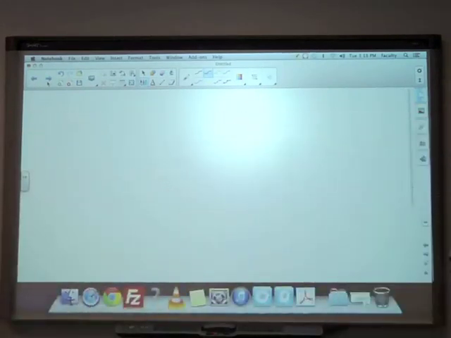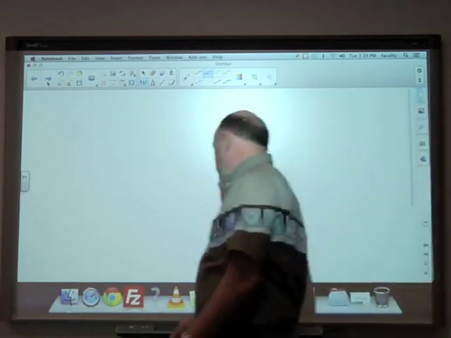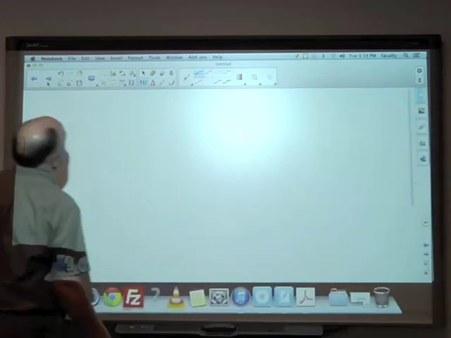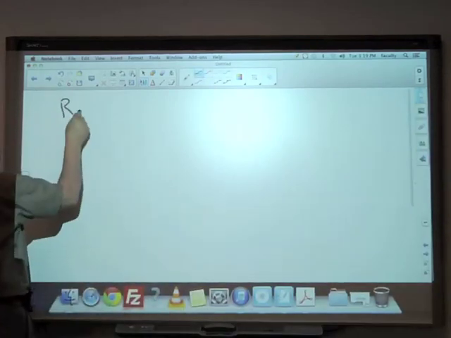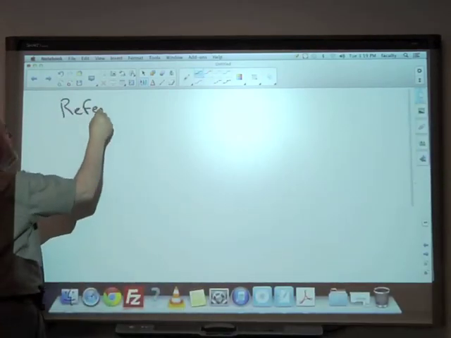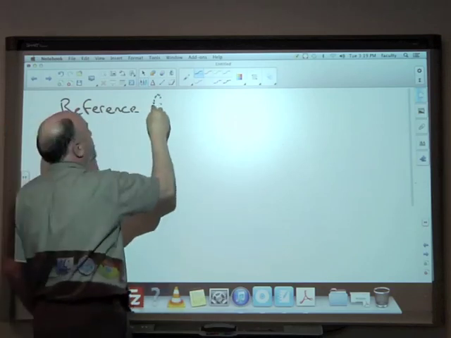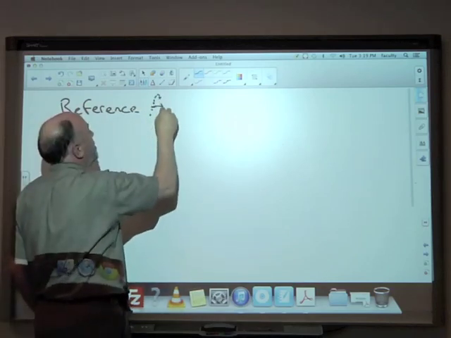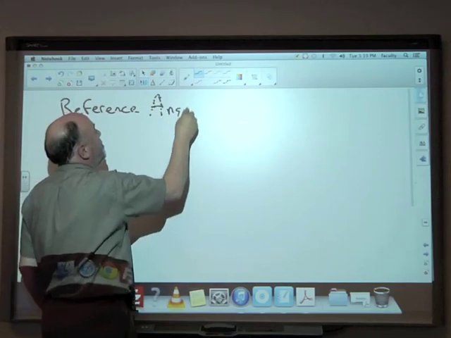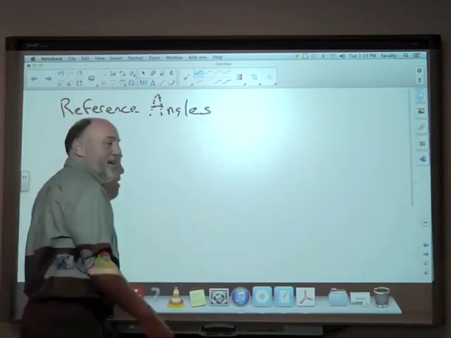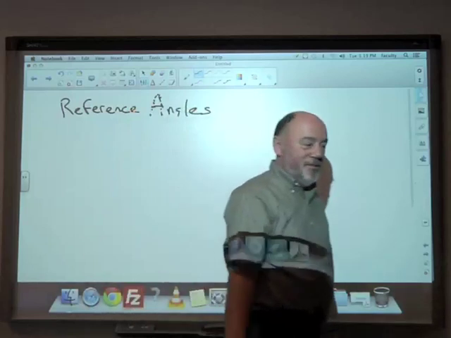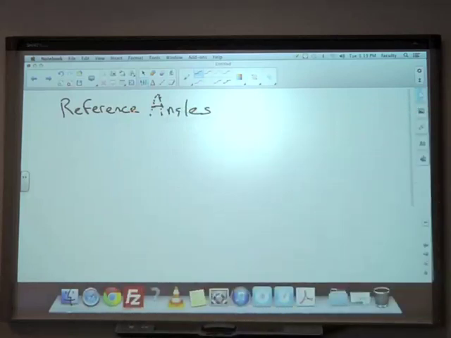Right. The other thing they talk about, which really aren't used anymore, but they do talk about reference angles. And again, it goes back really to basically when I was in high school, before everybody had the toys or the apps.